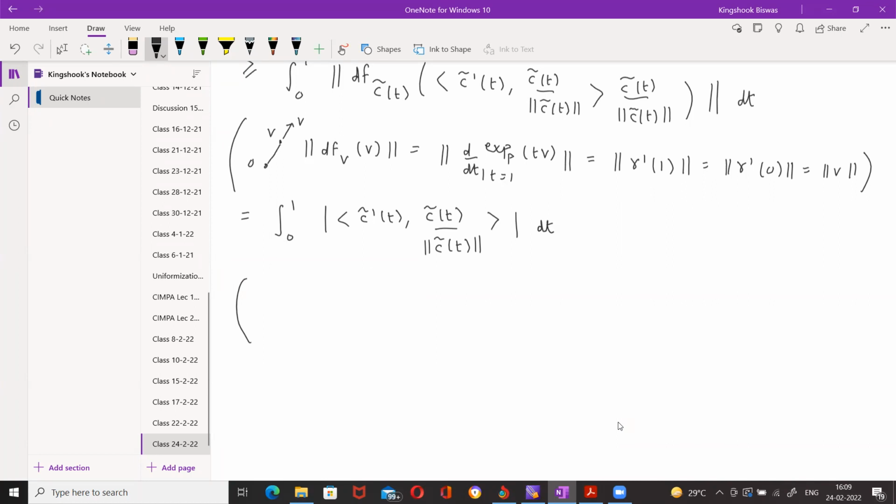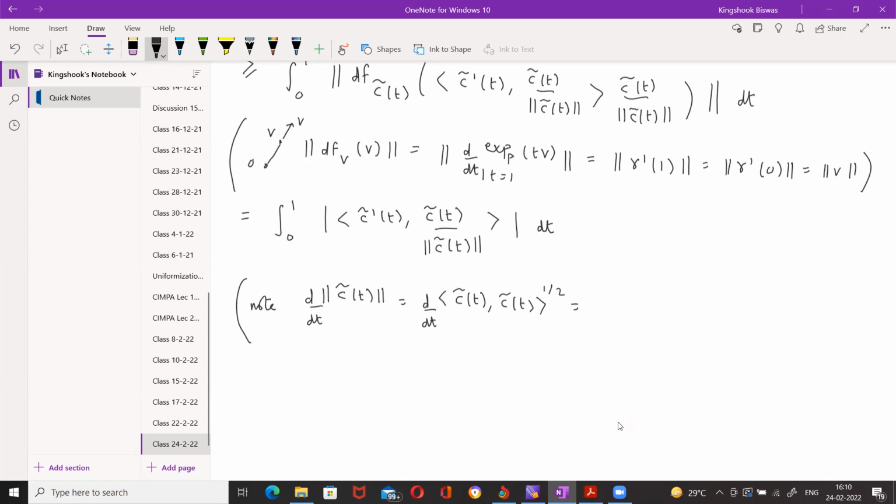So note, what is d/dt of the norm of C tilde t? This is d/dt of the inner product of C tilde t with C tilde t, to the half.